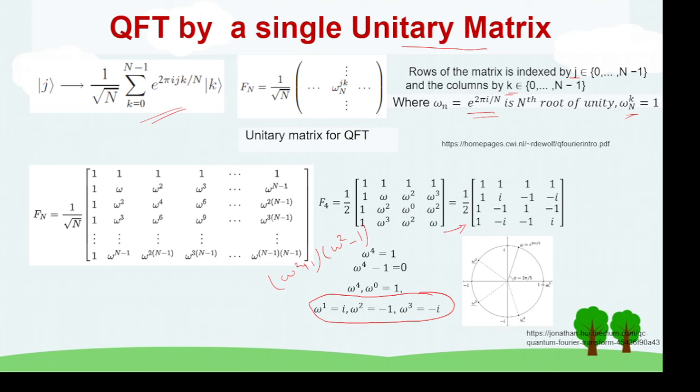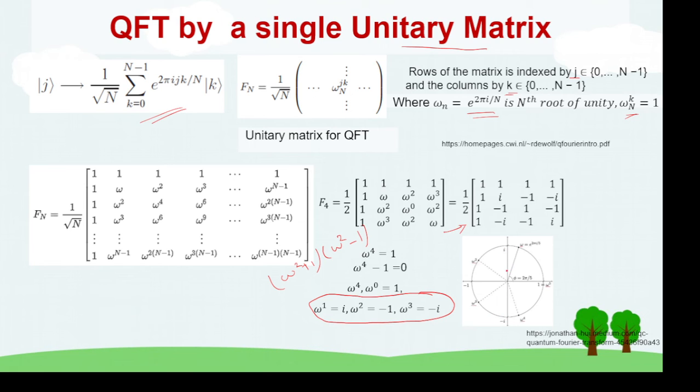Is there any other way to get these numbers? Yes. You take this circle, taken from the Bloch sphere with the xy plane. This is a unit circle, so it varies from 1 to minus 1 on the x-axis, and on the imaginary axis or y-axis, it changes from i to minus i.